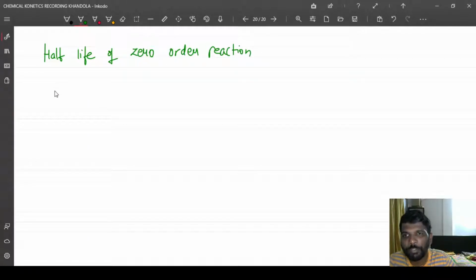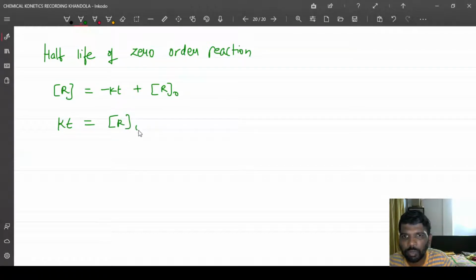To start with, I will use the integrated rate equation: R is equal to minus kt plus R0. Rearranging for the time, kt is equal to R0 minus R, so time is equal to R0 minus R divided by k.